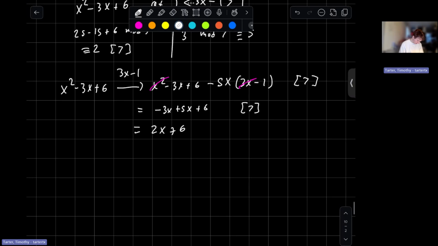So we're staying clear. And then 2x plus 6 reduces by 3x minus 1: 2x plus 6 minus 5 times 2, so minus 10, 3x minus 1.